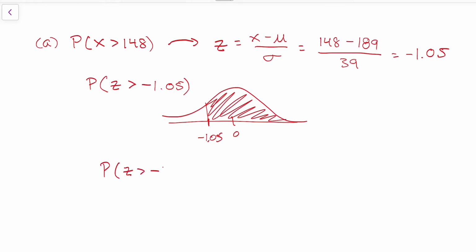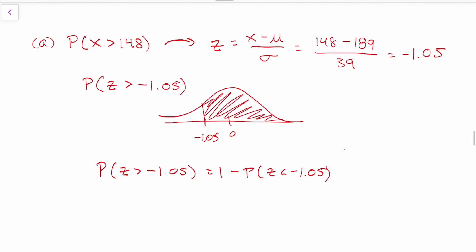So to compute this probability, I will have to do 1 minus the probability that z is less than negative 1.05, right? Finding the probability that z is less than negative 1.05 is equivalent to finding the area to the left, which is exactly what our table tells us.